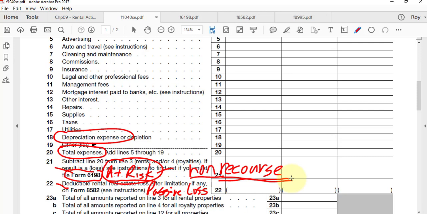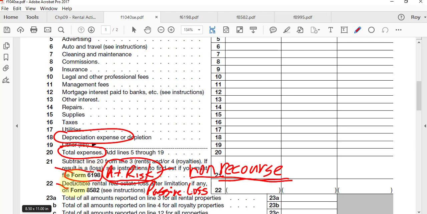So again, for most people, they don't have to worry about this form 6198. Sometimes when you hear non-recourse borrowing or lending in terms of investing, that's typically related to the term tax shelter, or abusive tax shelter at times.